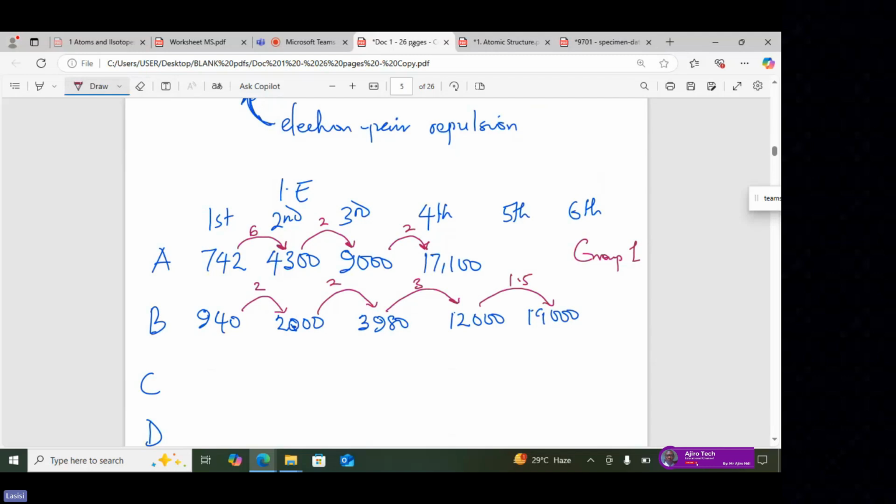Which group is that? Group 3. Look at it very well so you don't make mistakes. That makes sense. Good. So I think I'm done with this. Is that okay?